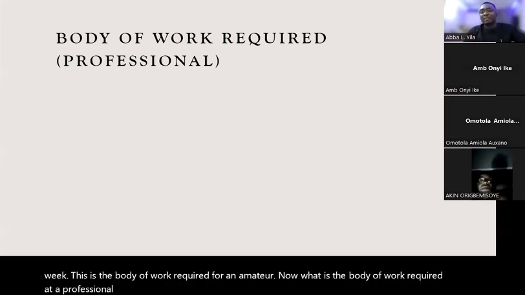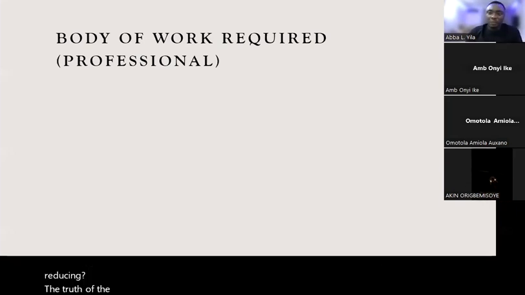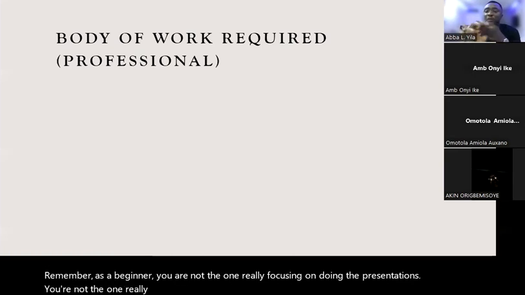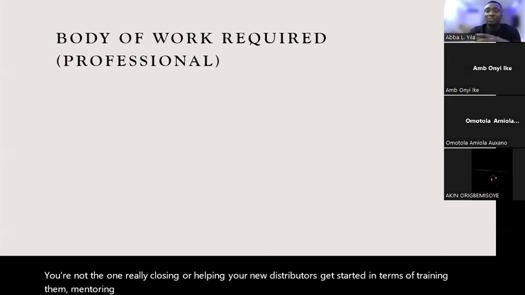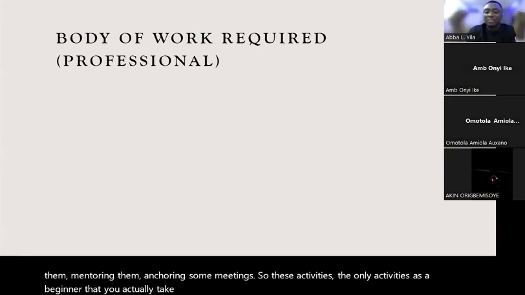Someone might be asking, why is it that the quantity of the activities is reducing? The truth of the matter is, as you begin to improve in those skills, remember, as a beginner, you are not the one really focusing on doing the presentations. You're not the one really closing or helping your new distributors get started in terms of training them, mentoring them, anchoring sales meetings. So the only activities as a beginner that you actually take or are responsible for are those 3 basic activities out of the 7 skills.